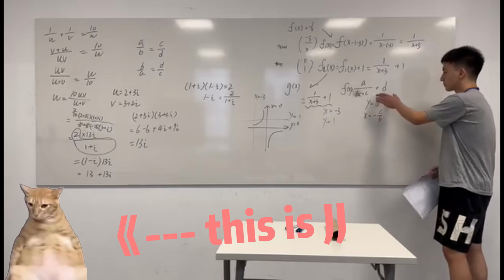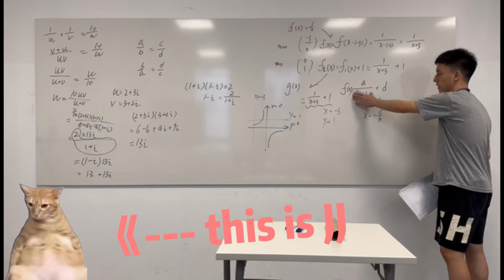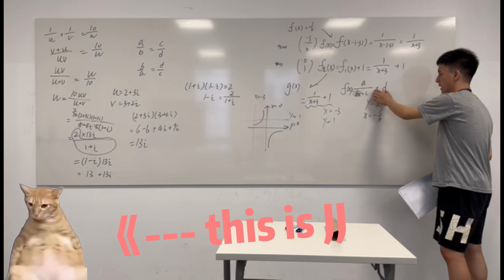Because there's a d here, it means those stuff can only be more than 0 or less than 0, but not equal to 0. So the asymptote will be y equal to d.